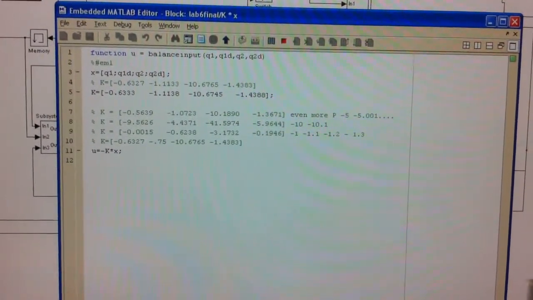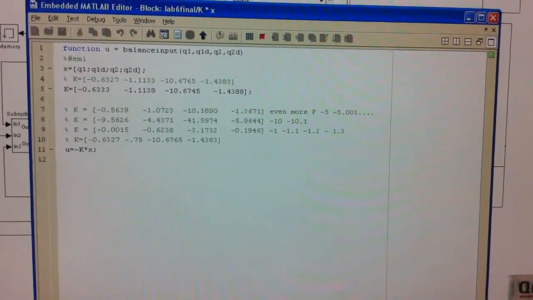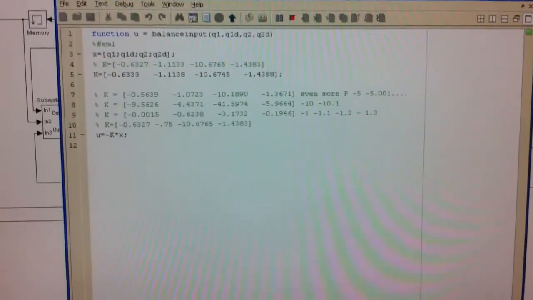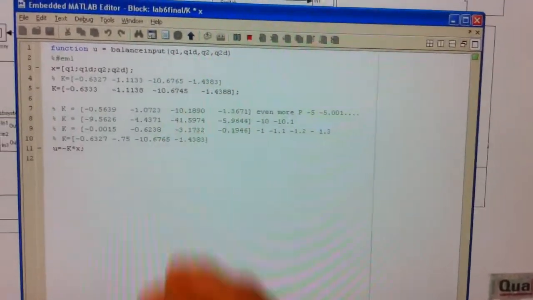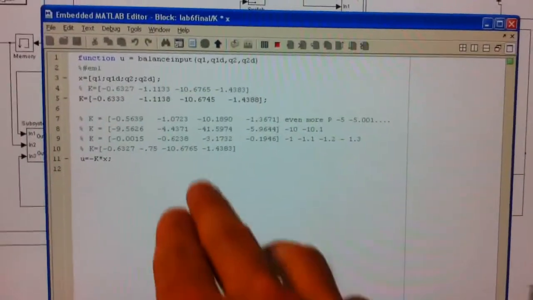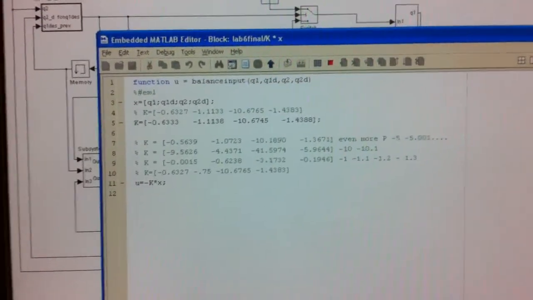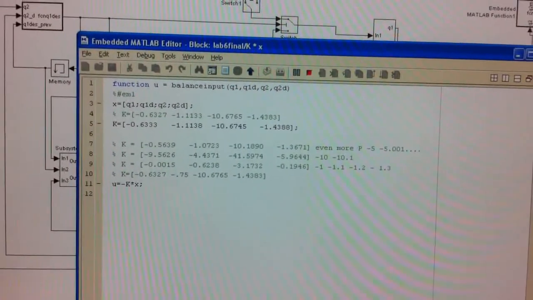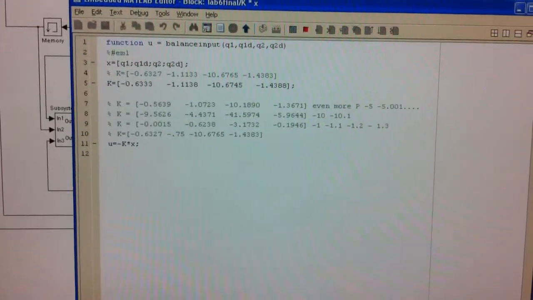The second one is the velocity of the rotor angle, or the angular velocity, and then the third gain, which is the greatest one, is the angle of the pendulum, and then we have the angular velocity of the pendulum. And so, since the greatest gain is on the angle of the pendulum, that's kind of the first priority for the control, and that angle will have the strongest effect on the system response.